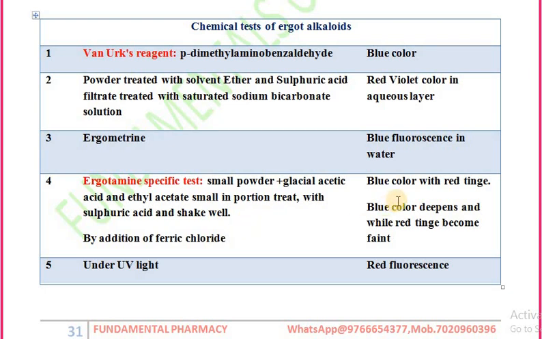It will give you a blue color with a red tinge. Upon addition of ferric chloride, the blue color deepens and the red tinge becomes faint. This is the specific test for ergotamine.